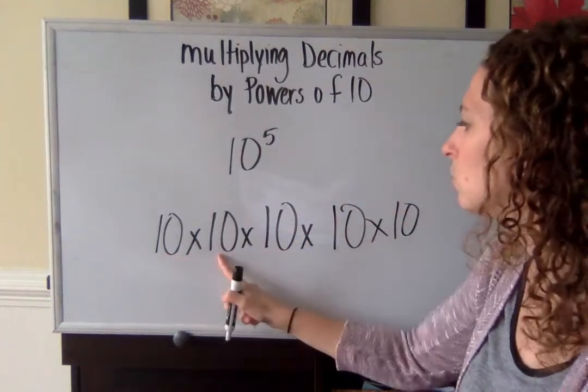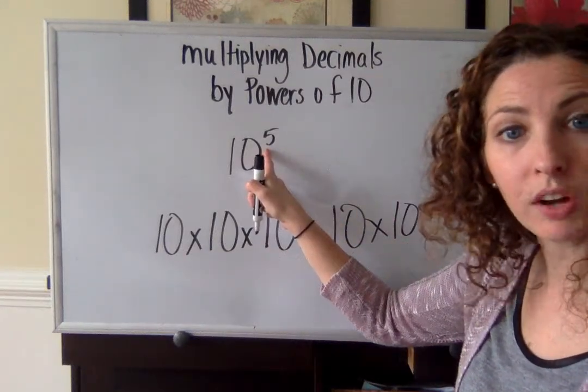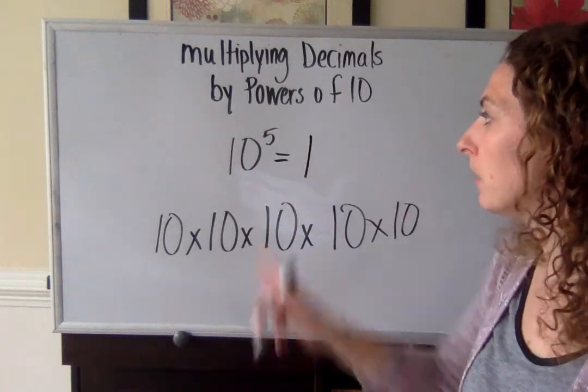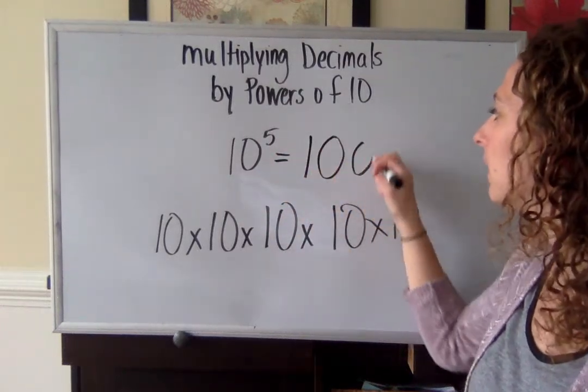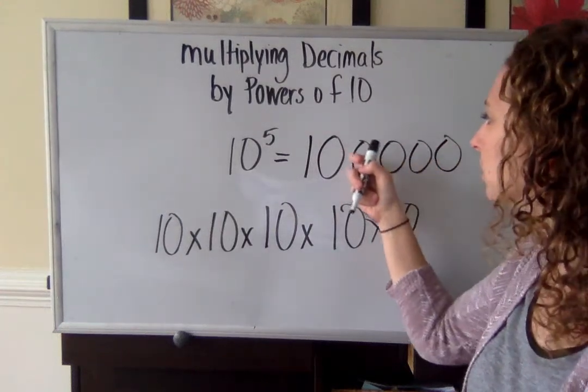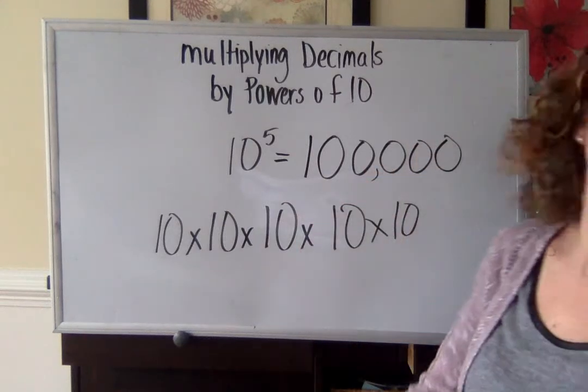Let's count. 1, 2, 3, 4, 5. That matches my exponent, which is 5. And I know that I could also write it like this. Have my 1 and my 5 zeros. 1, 2, 3, 4, 5. That number is 100,000.